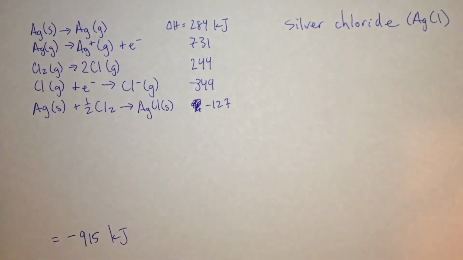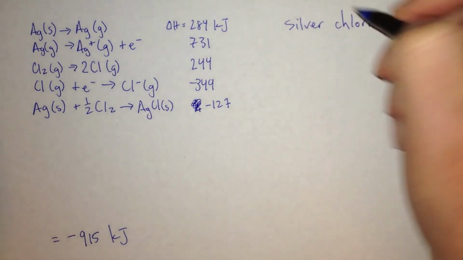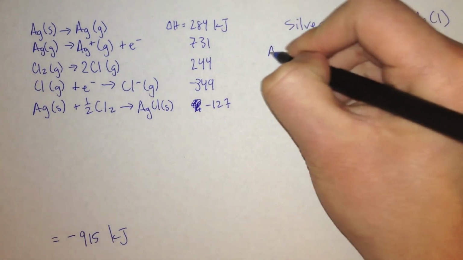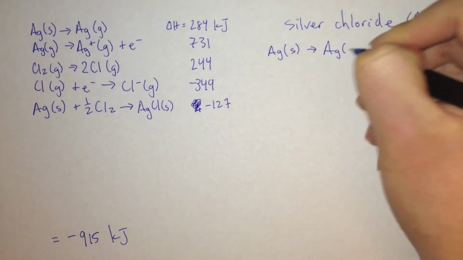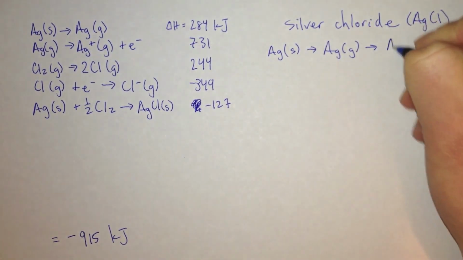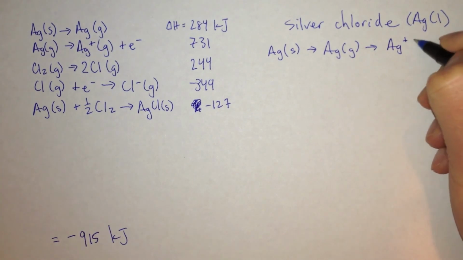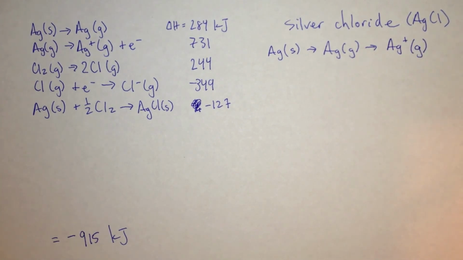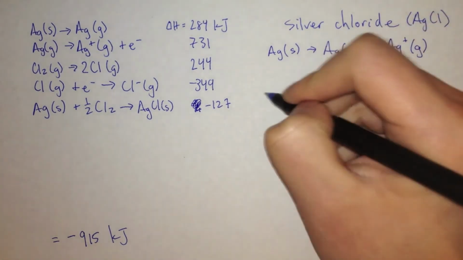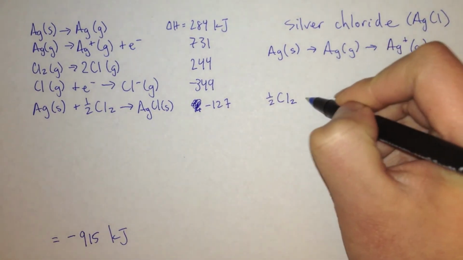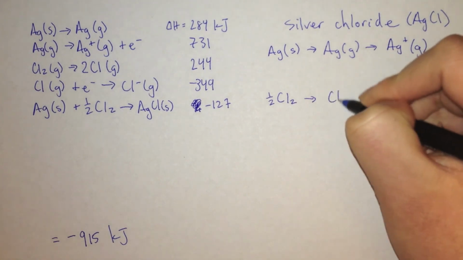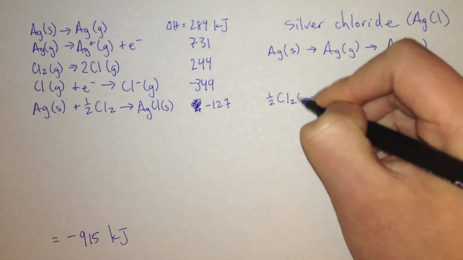So let's take a look at how we got there. First, we have to take the silver, which is solid at room temperature, make it a gas by evaporating it, and take away one of its electrons. On the chlorine side, we have half of a chlorine diatomic. We break up that bond. Sorry, this is a gas.